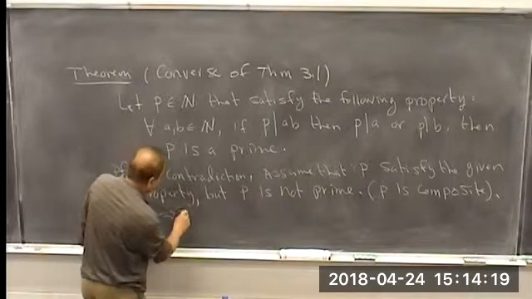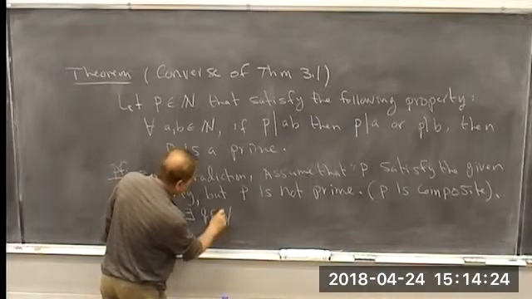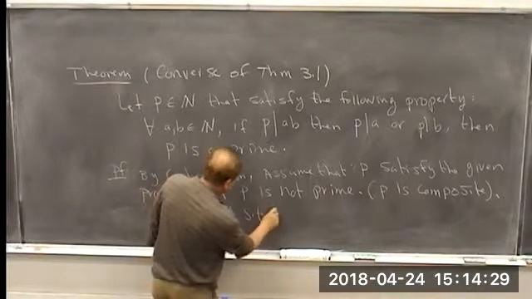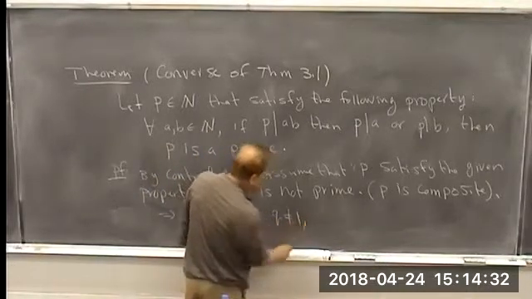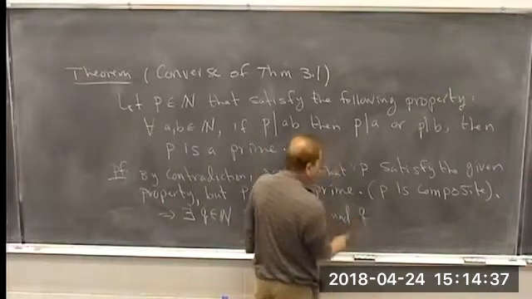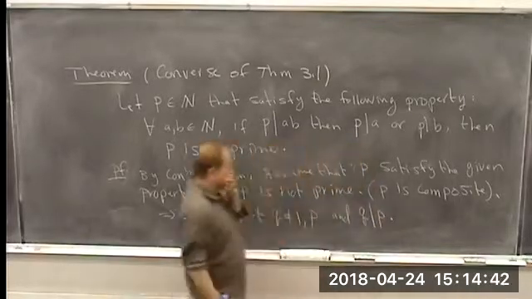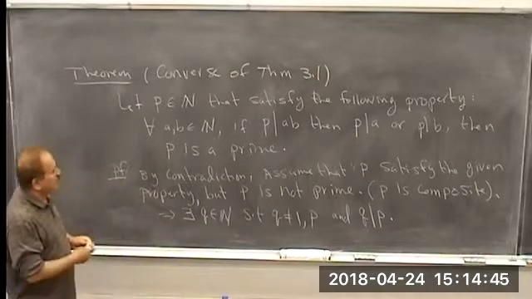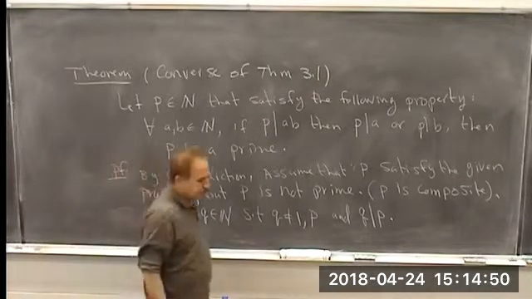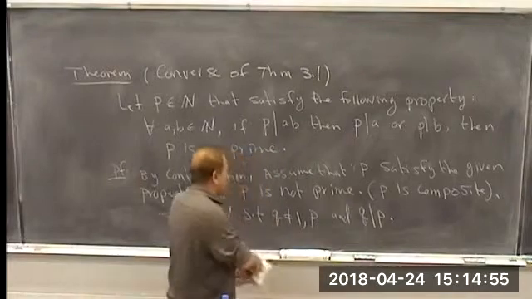that there exists a Q in N, a natural number, such that Q does not equal 1 or P, and it does divide P. It is a positive divisor of P. All right. Now, let's see what this means.